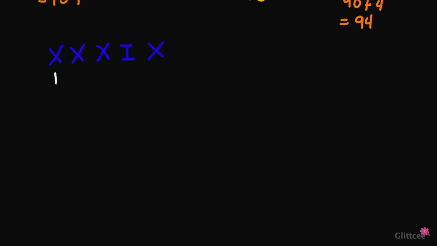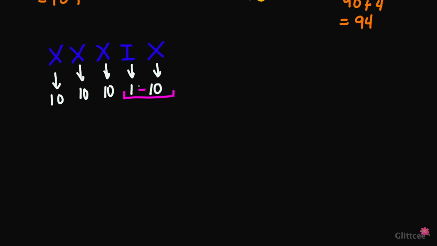So let's do XXXIX. So X is 10, X again, we have 10, X again is 10. I is 1, and then X is 10. So based on these numbers, we know that these numbers are the same here. And then here at the end, I'm going from a small to big. So that's the first thing we're going to do. Since I have a mixture, I'm going to do the small to big first. I know that I am subtracting here.